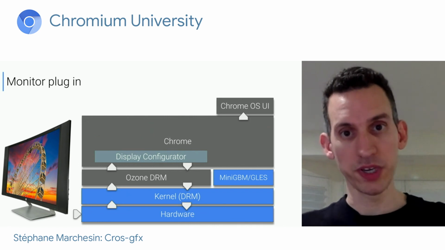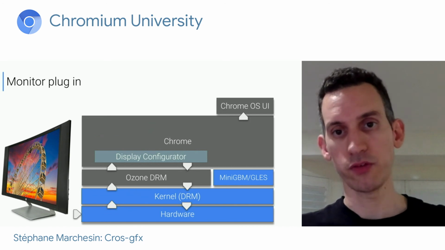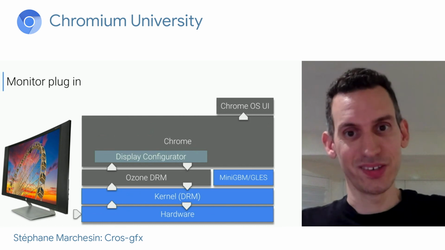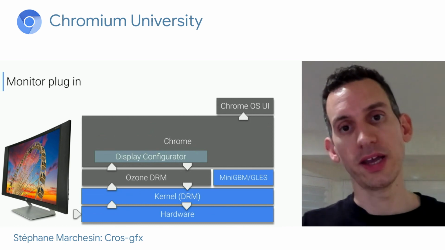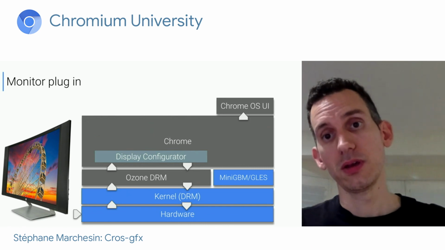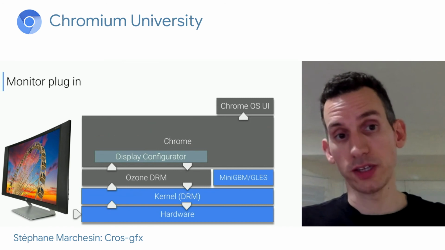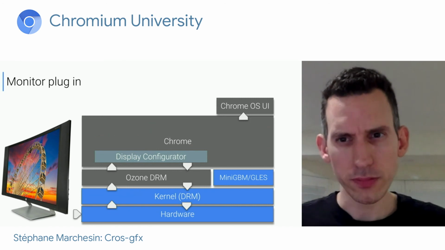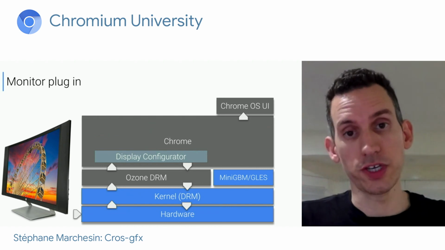The kernel will pick up this interrupt, and it will have an interrupt handler, which will turn this interrupt into an event that user space sees and send that event to Ozone. And Ozone will look at the event and say, oh, this is a display change event. I need to send it to the display configurator. So it informs the display configurator, hey, there has been a change of state.